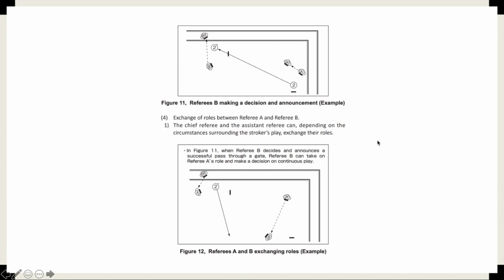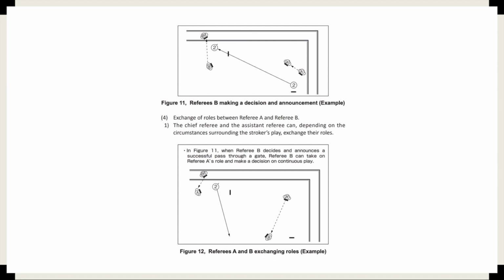This is where things start to go wrong, in my opinion, many times when we see refereeing done throughout Australia. You need to understand as a referee that the roles between the referees change very fluidly. And I would highly recommend that when you do refereeing tournaments you have a partner who you are constantly refereeing with, so you can understand the flow of the game.